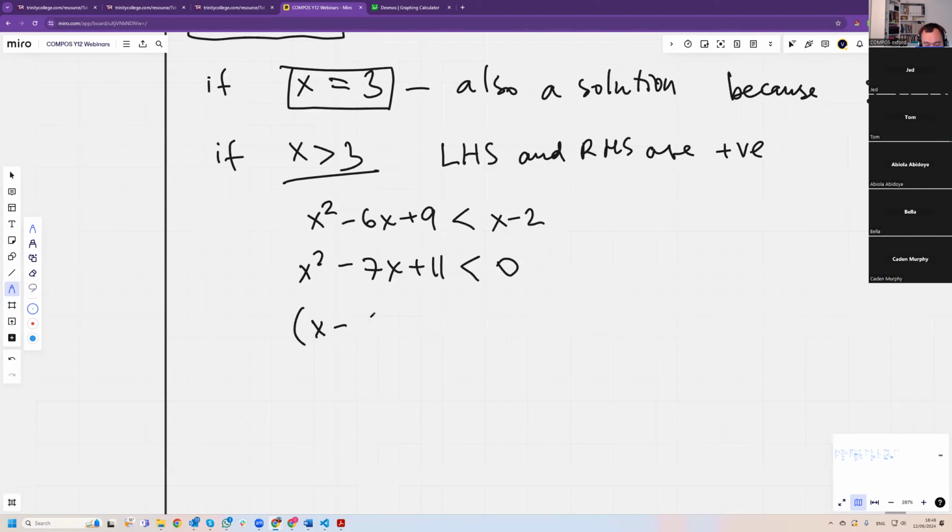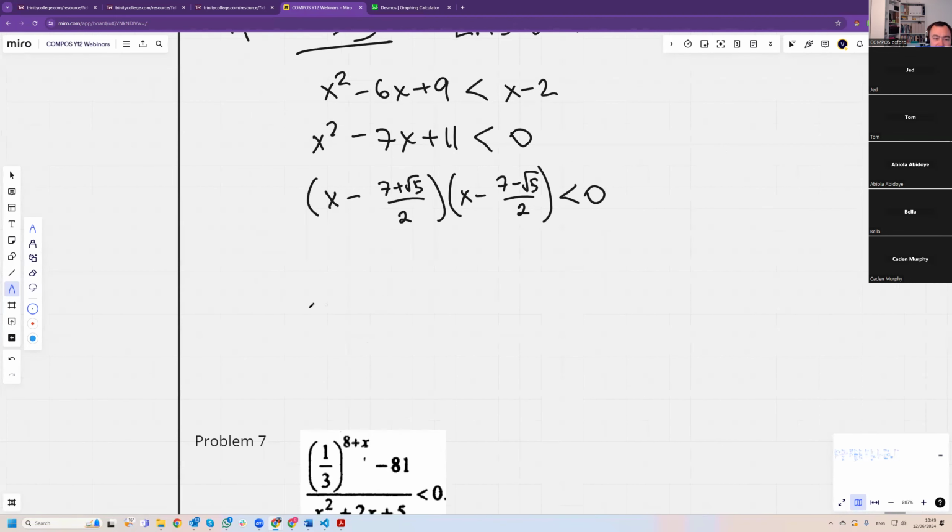It's going to be x minus (7 plus square root of 5)/2, and x minus (7 minus square root of 5)/2, less than 0. And then I just do that. This is (7 minus square root of 5)/2 and (7 plus square root of 5)/2.